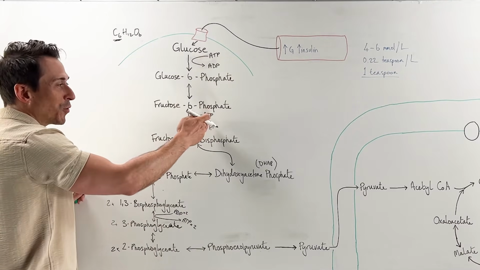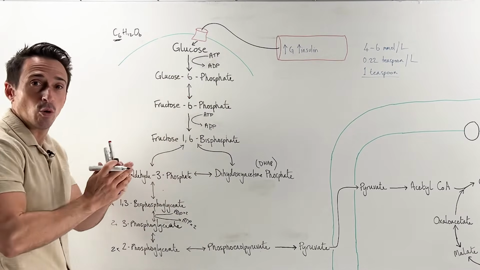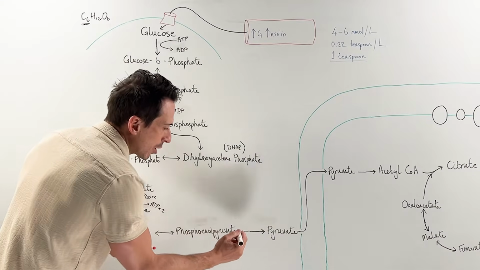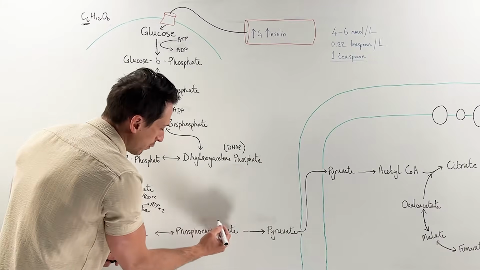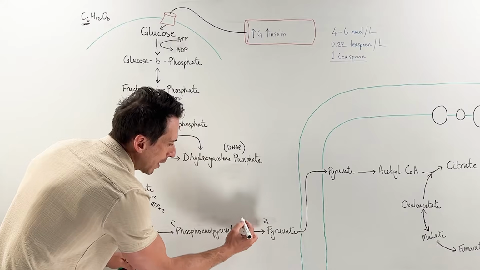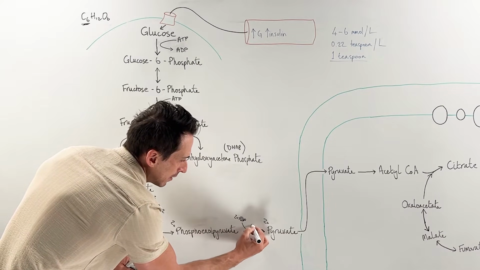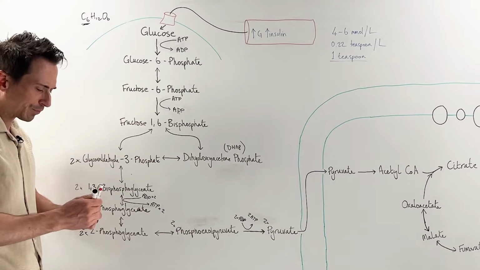We've used 2 ATP here, we've generated 2 ATP here, so we've wiped the slate clean. Then as we go from phosphoenolpyruvate to pyruvate, we generate 2 more because there's 2 phosphoenolpyruvate, there's 2 pyruvate, so we generate 2 ATP. We take 2 ADP and we generate 2 ATP.